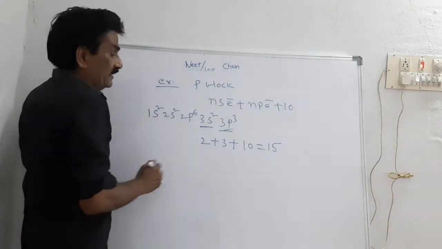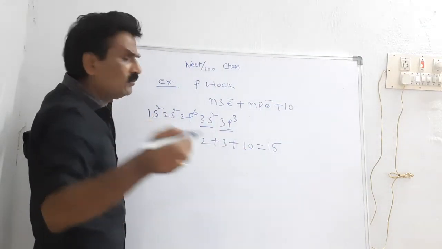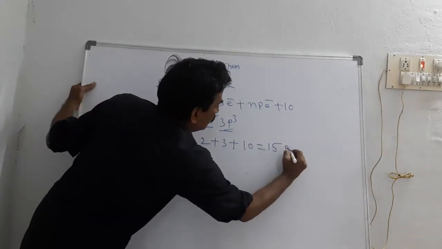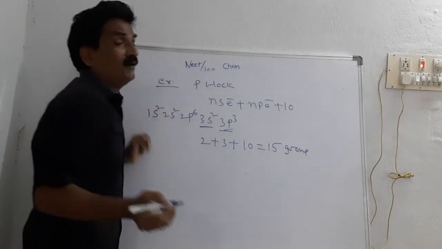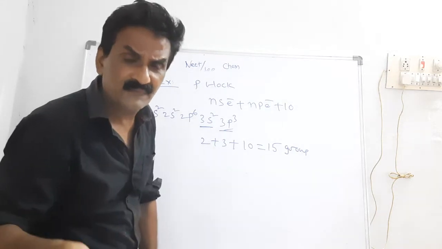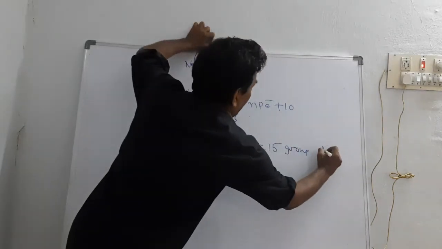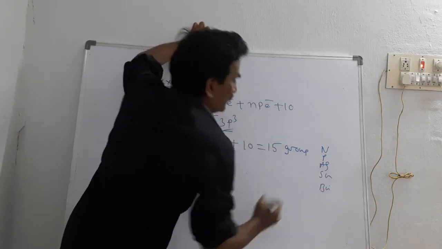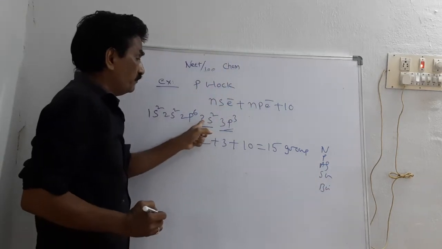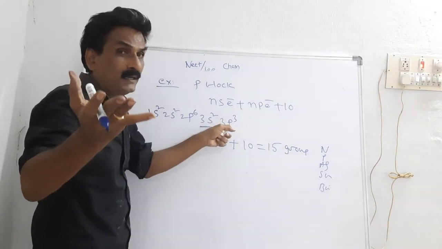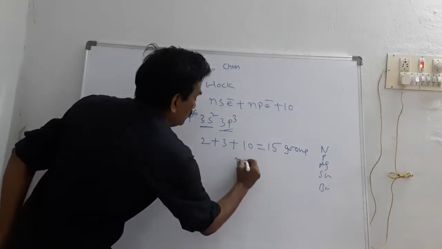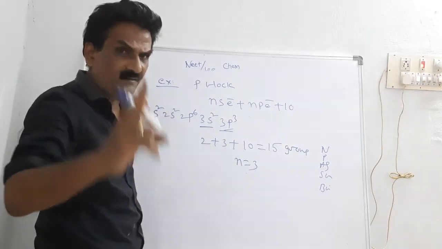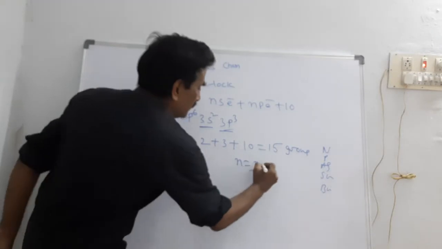Maximum principal quantum number, how much? Maximum 3. So 15th group, you know very well. What are the 15th group? Nitrogen, phosphorus, arsenic, antimony, bismuth. The period: principal quantum number maximum how much? 3, so n is equal to 3, that means third period.